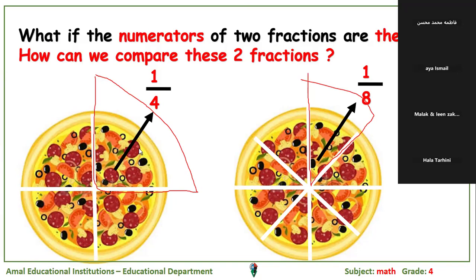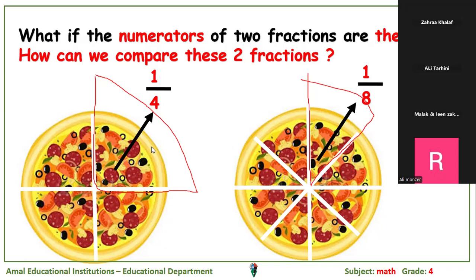So the size of the piece in the first example is bigger than the size of the piece in the second example. But in the first example, 1/4, the 4 is less than 8. Why will it be bigger?